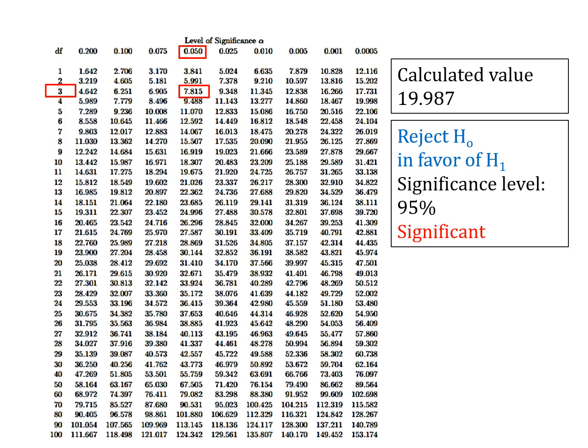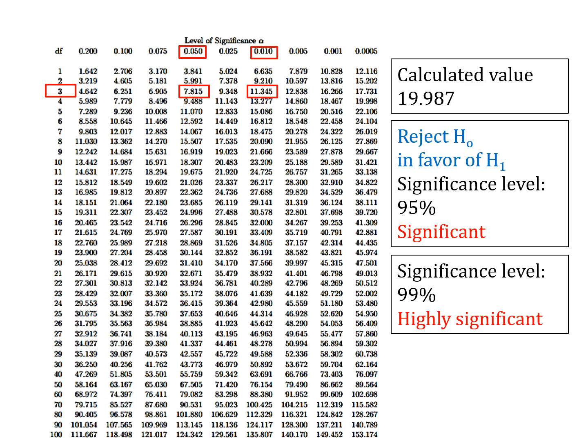So in the further steps we are only going to see what our maximum significance level of these results is. What is our next level of critical probability or significance? It is 0.01, and the value there is 11.345. This value is also less than the calculated value, therefore this result is also significant at the 99% significance level.